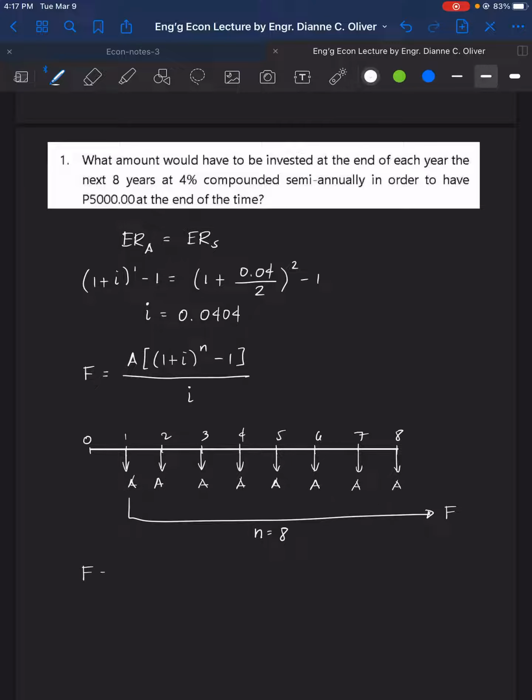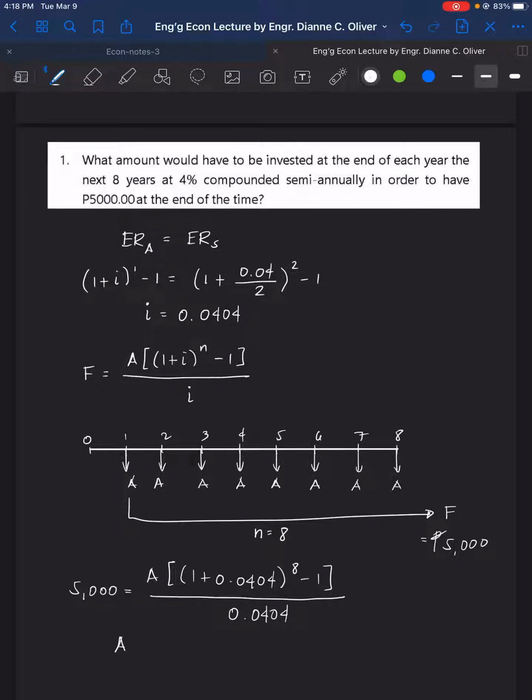Therefore, F is already given, by the way, because F is 5,000 pesos. So we have 5,000 is equal to A times (1 plus i), where we computed i as 0.0404, raised to how many payments? 8, minus 1, all over i of 0.0404.